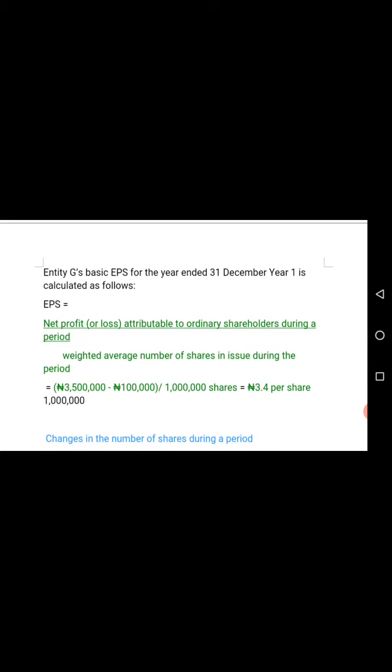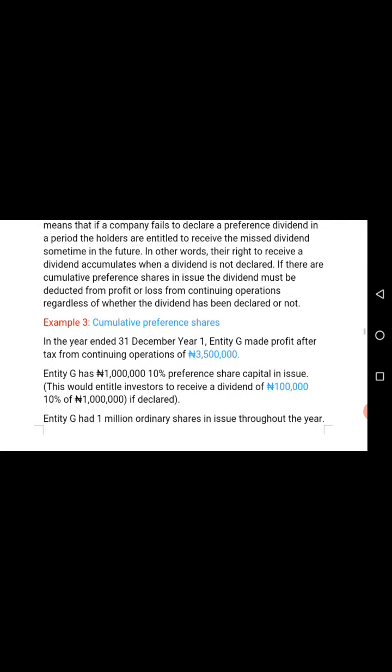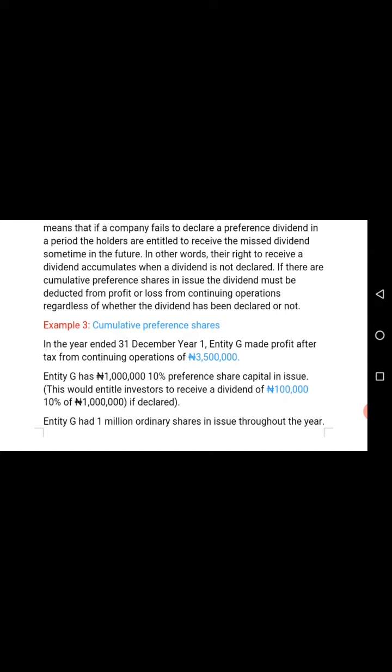Like I said before, 3.5 million is the profit after tax, that is PAT, and is not earnings. We gave the definition of earnings earlier. You could go back to the definition of earnings and learn what earnings is.